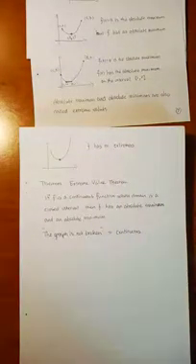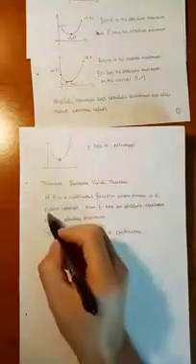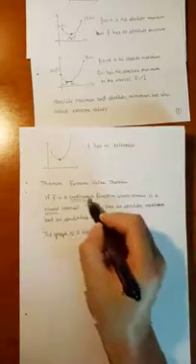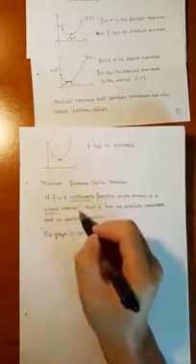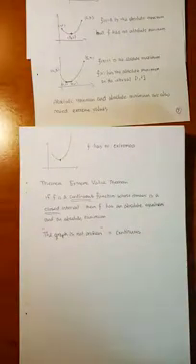When this happens, the function always has an absolute maximum and absolute minimum over the closed interval. So this is continuity. The second important property is a closed interval. With these two C words, continuous function and closed interval, the function must have an absolute max and absolute min.